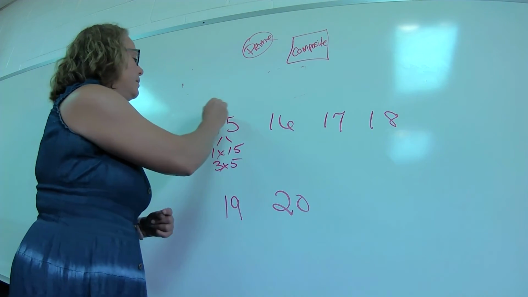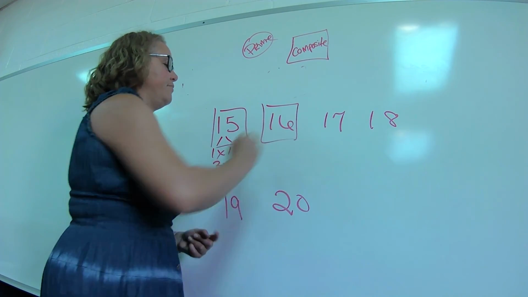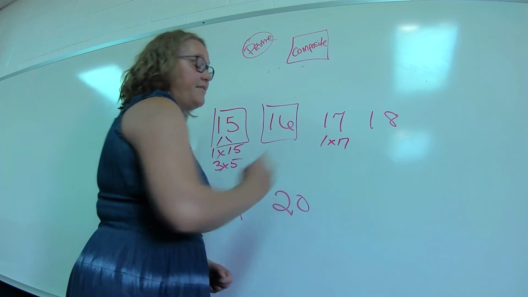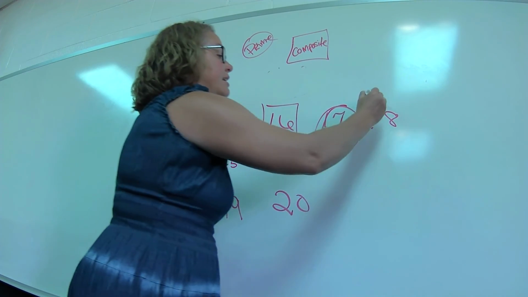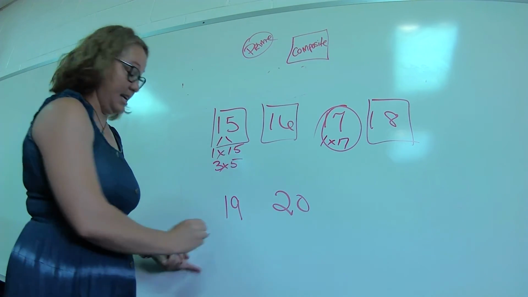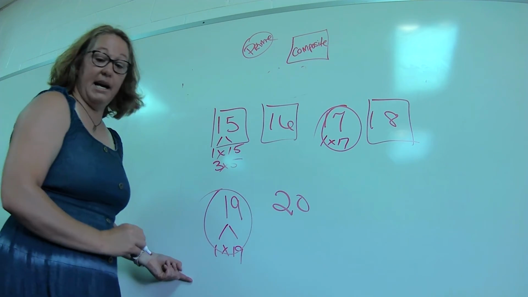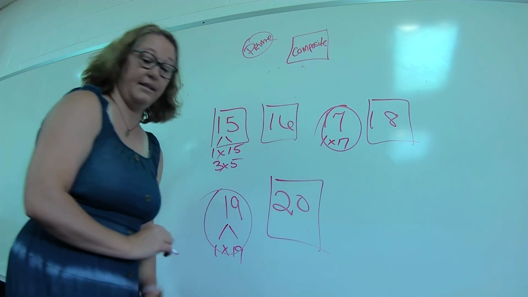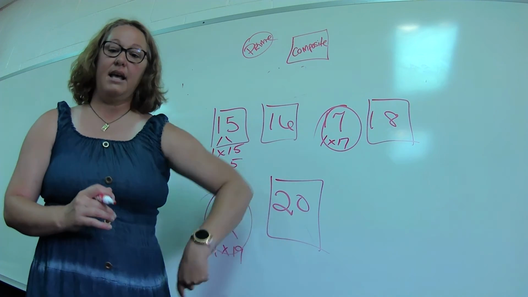Many parts. Composite. 16. Even. Many parts. 17. 1 times 17. Prime. 18. Even. Has many parts. It's composite. 19. 1 times 19. Prime. 20. Even. That's right. Composite.